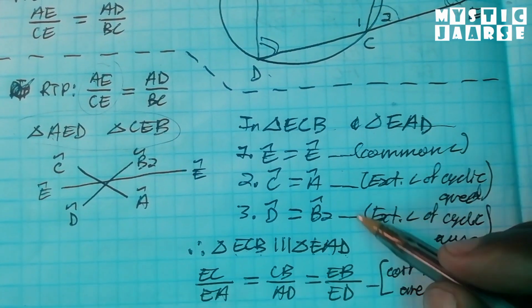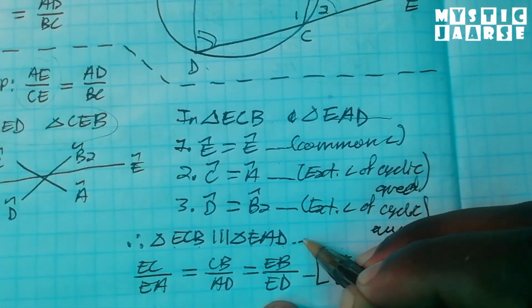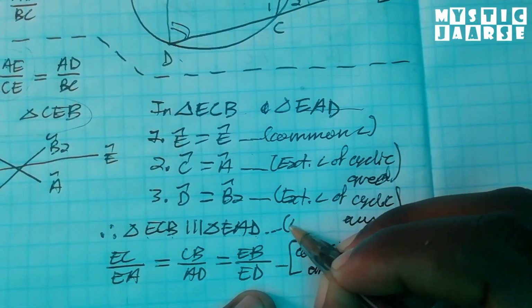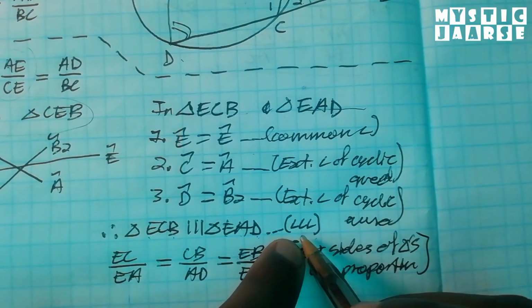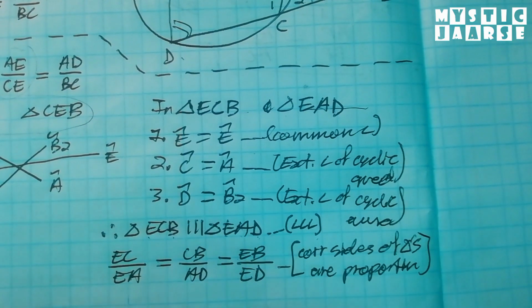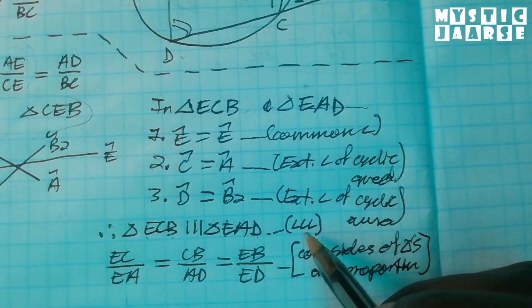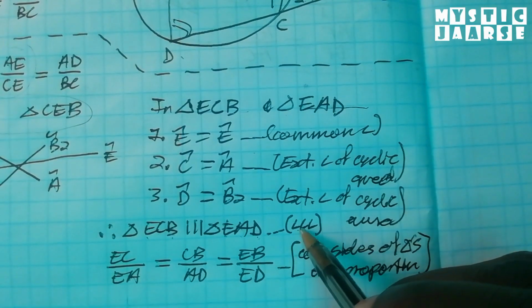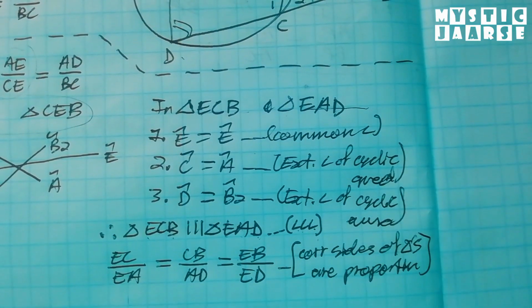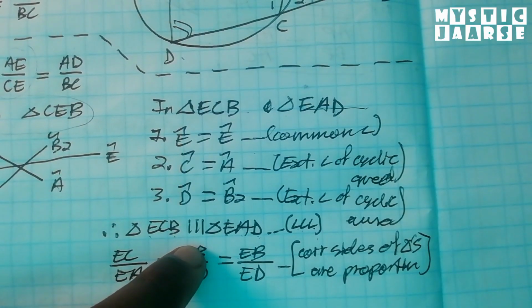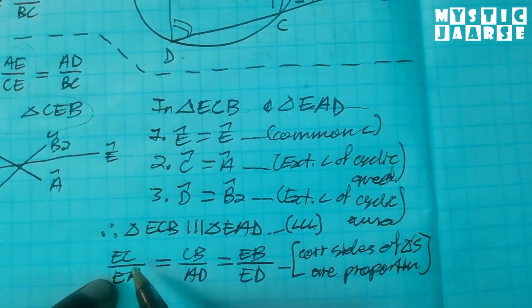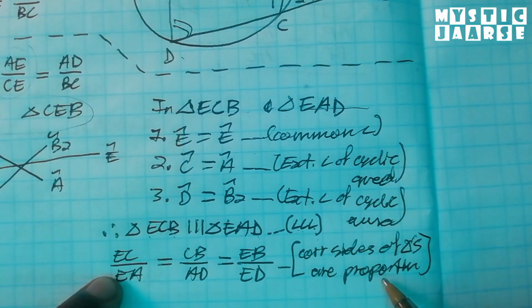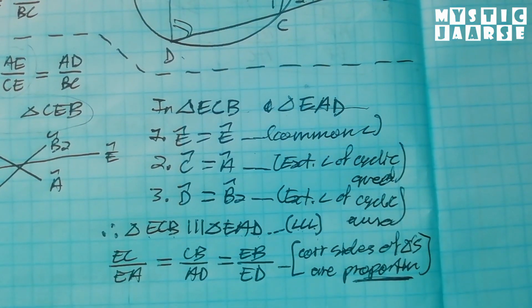And whenever you have similar triangles, we forgot to state the reason here. Whenever you have two triangles that have three equal angles, then those triangles are similar, right? And whenever you have similar triangles, then their corresponding sides are in the same proportion.